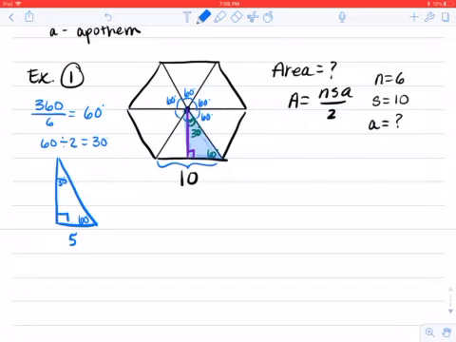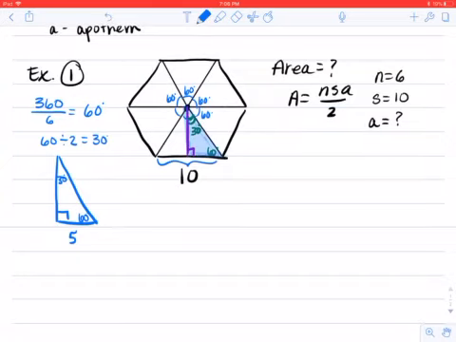So when I do that apothem, that means this piece is 5, which means this is going to be 2 times that. 10 is the radius, which is the hypotenuse, and my long leg is 5 square root 3, which represents my apothem. Ta-da! So that's going to be my apothem right here.